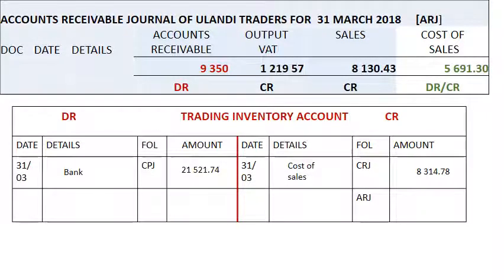Immediately after recording in the cost of sales, we move straight into the contra account. We go to trading inventory account. On the credit side, at the date 31st of March, details, cost of sales, posted from ARJ, total amount as reflected in the journal.